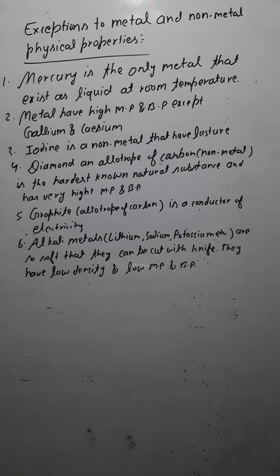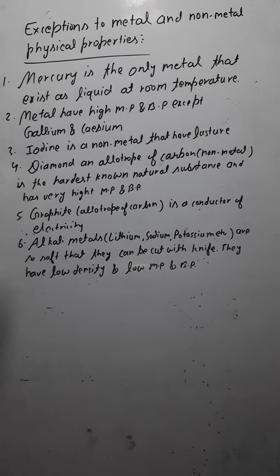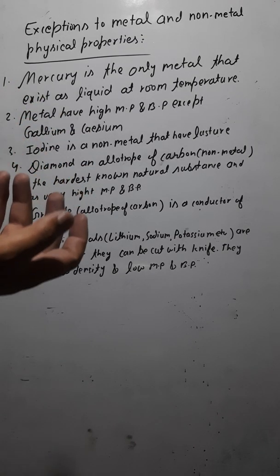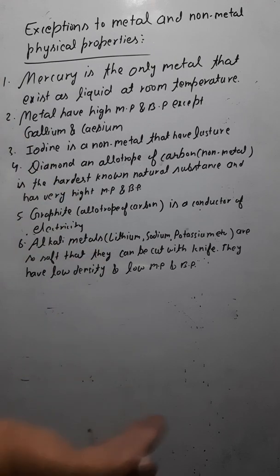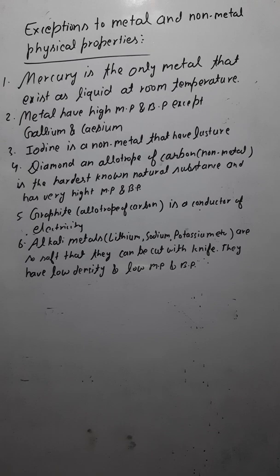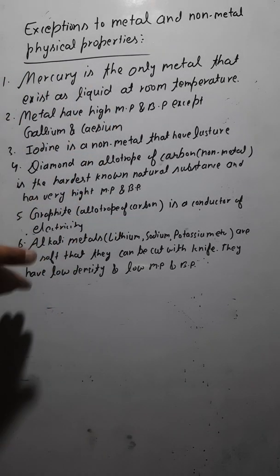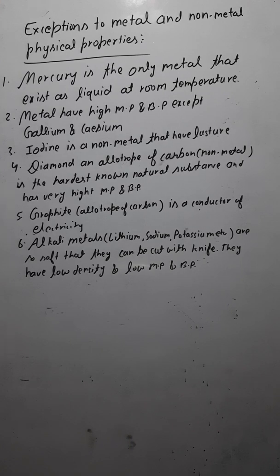A substance is a metal if it is electropositive in nature, and a substance is non-metal if it is electronegative in nature. So only on the basis of these two things you can identify whether the given substance is metal or non-metal. But only on the basis of physical properties we cannot decide, because many exceptions are also here. Just note it down.